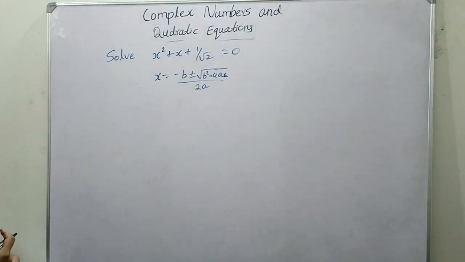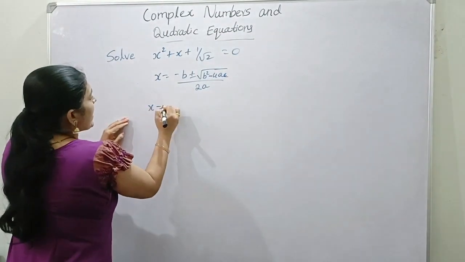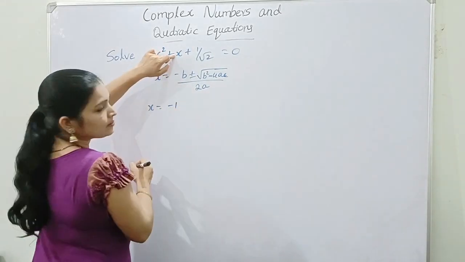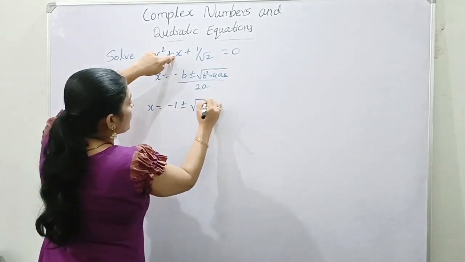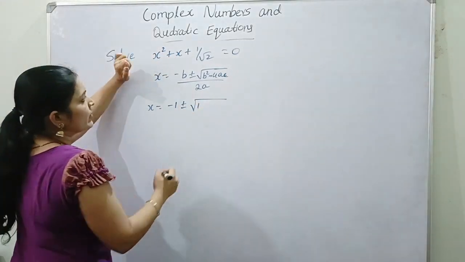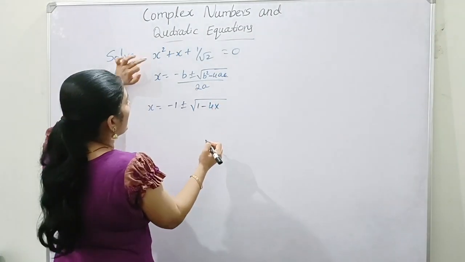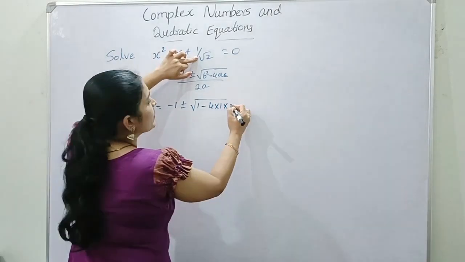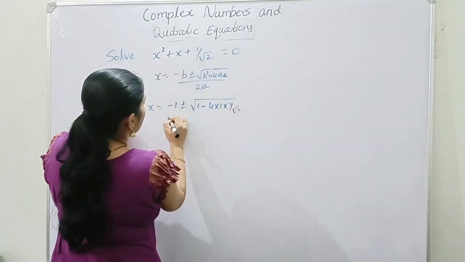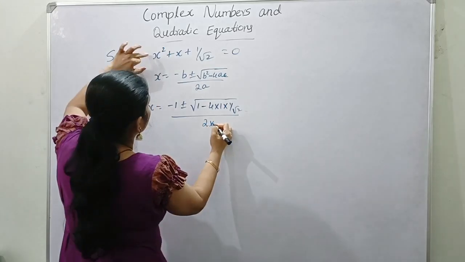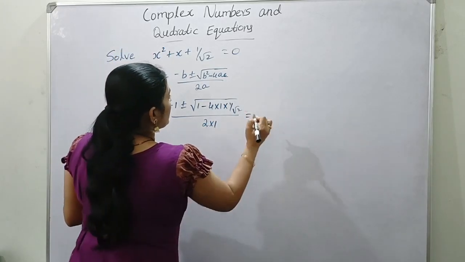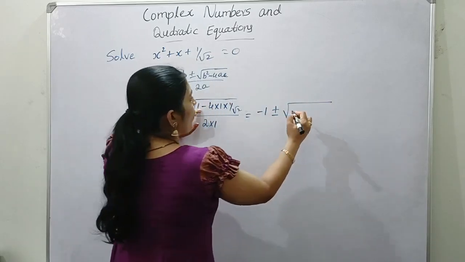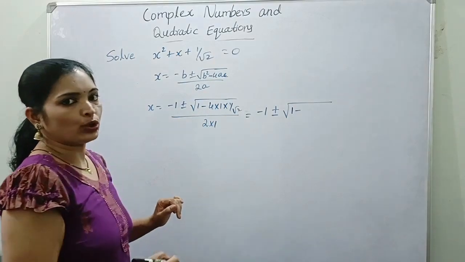Now substitute the a, b, c values, that is x is equal to minus b, the coefficient of x, 1, plus or minus square root of b square, 1 itself, minus 4 into a, the coefficient of x square, 1, into c, the constant term, 1 by root 2, divided by 2 into a, which is the coefficient of x square, 1. That is equal to minus 1 plus or minus square root of 1 minus 4 divided by root 2.